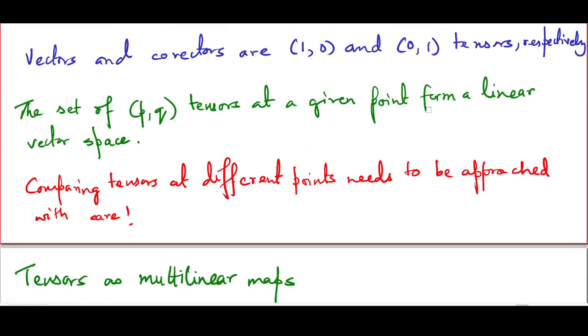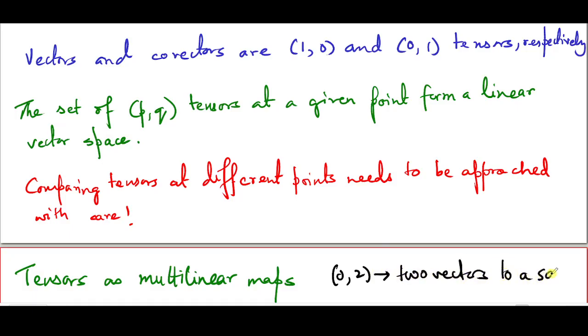For example, the 0 2 tensor that we are talking about here, we talked about that as a bunch of d square numbers which transform in a particular manner when you do a coordinate transformation. A much better way to talk about them would be something which maps two vectors to a scalar.